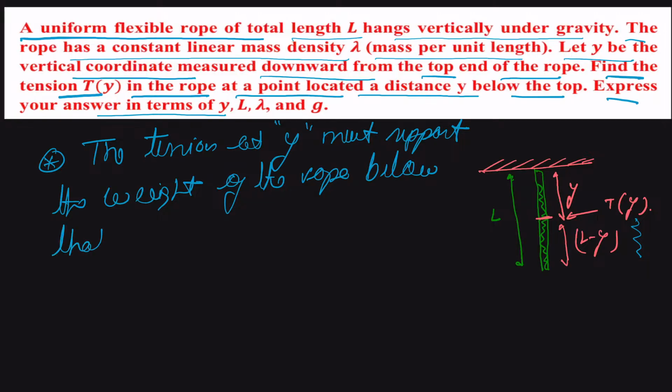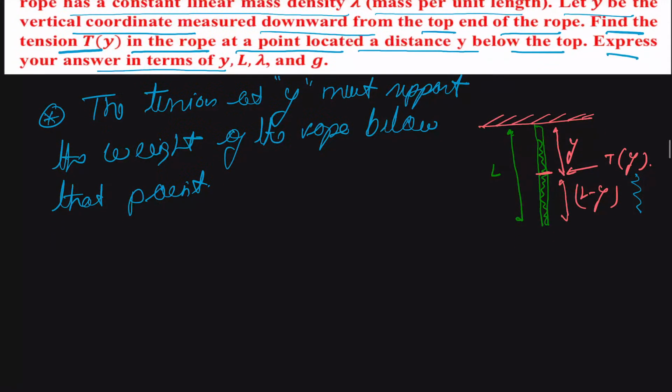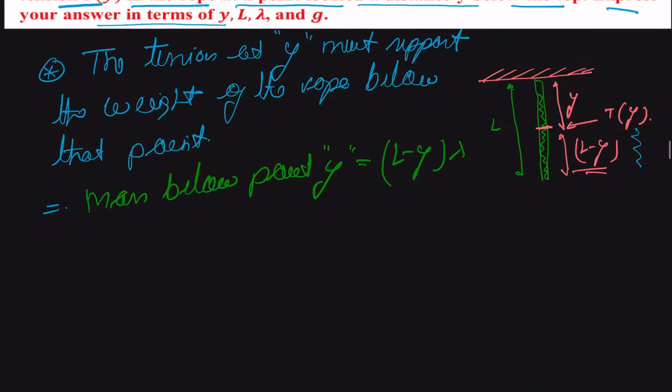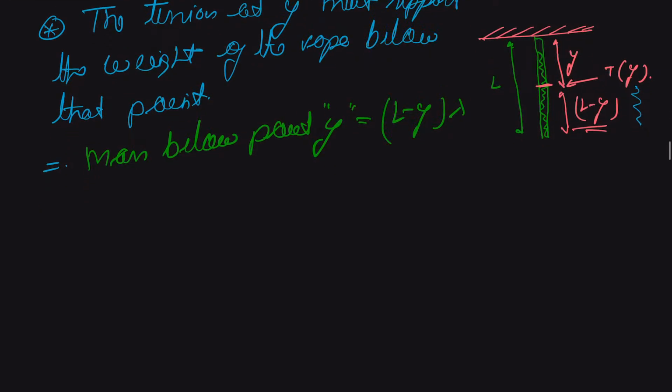And like we said, the part below the point has a length of L minus y and the density is given as lambda. Therefore we can say that the mass below point y will be equal to L minus y multiplied by lambda. Okay. And therefore we can find out its weight.